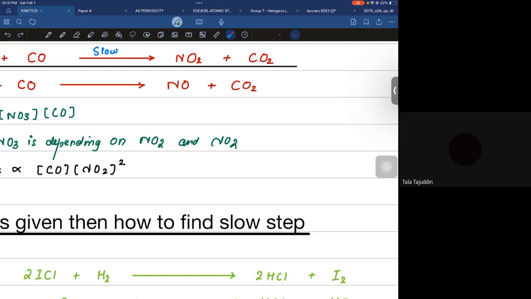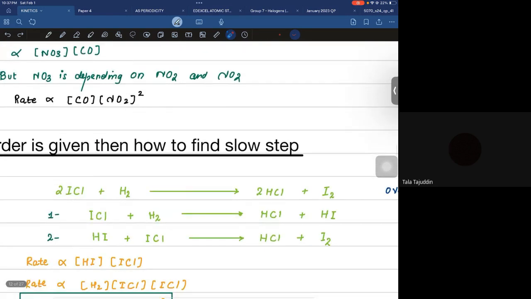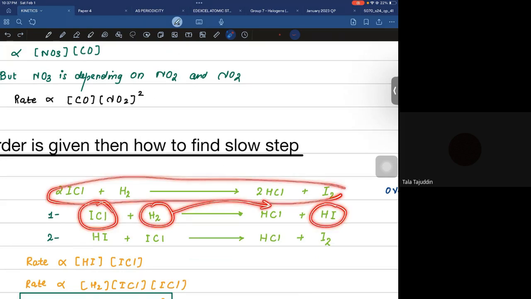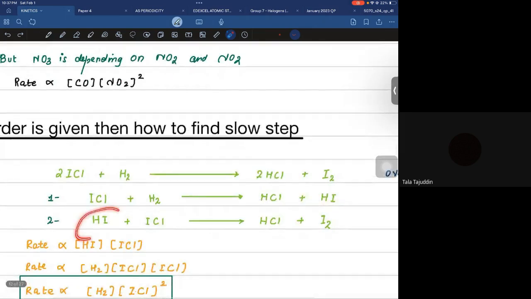So what did you write? See this. First of all, in step number one, I'm going to react ICl with H2. They are going to form HCl and HI. Obviously, HI is not present in your main equation. I am considering that this is your intermediate. In the second equation, it should be present so that I can cancel.